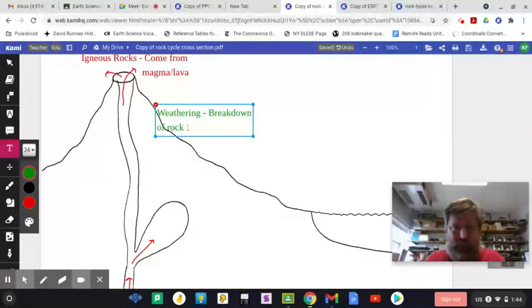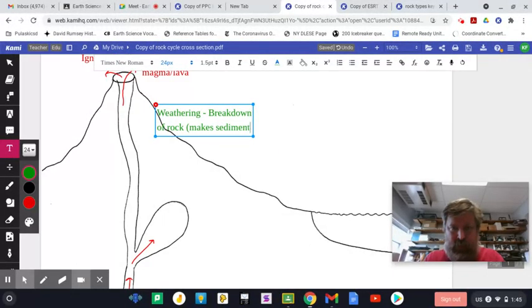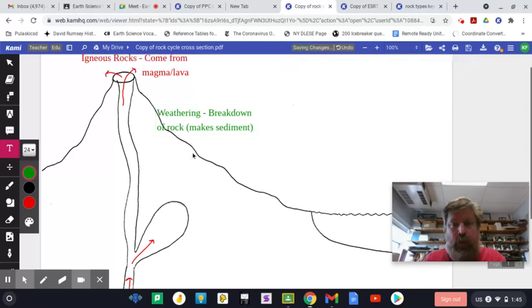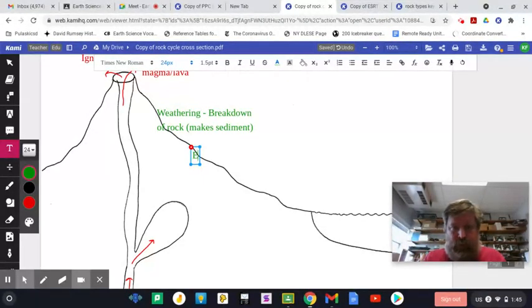And once that stuff is broken down, it makes sediment. Because once that stuff is broken down, then we have erosion, which is the movement of sediments.